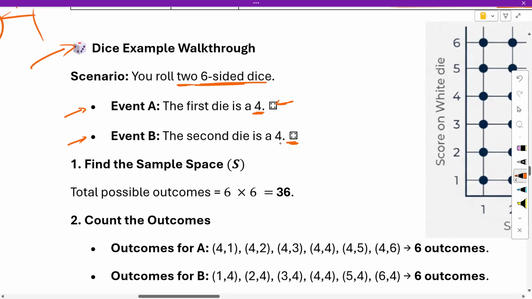These two events are independent, because you roll the die two times, so it should be independent. Event A: the first roll should be exactly 4. Event B: the second roll should be exactly 4.